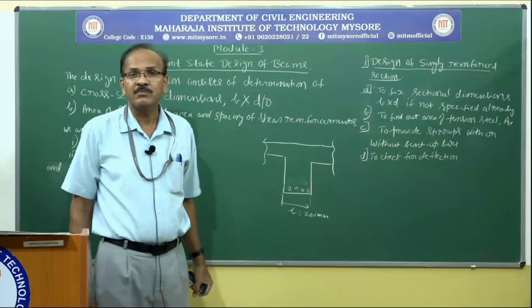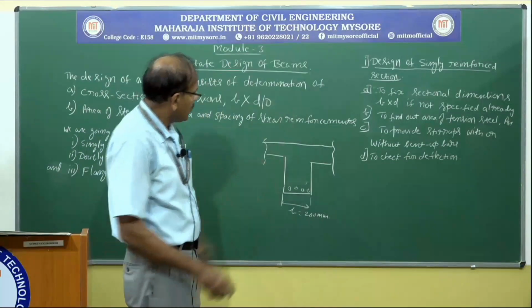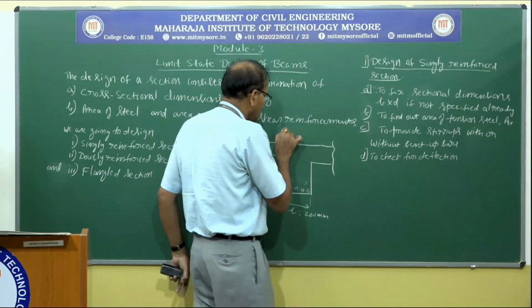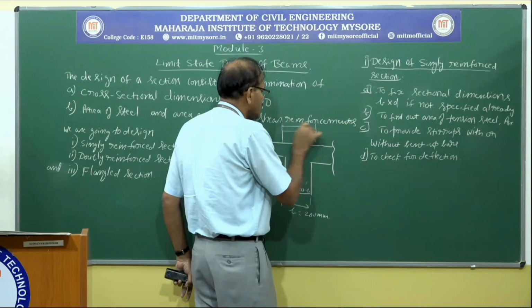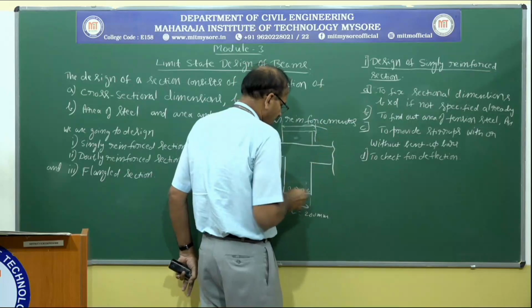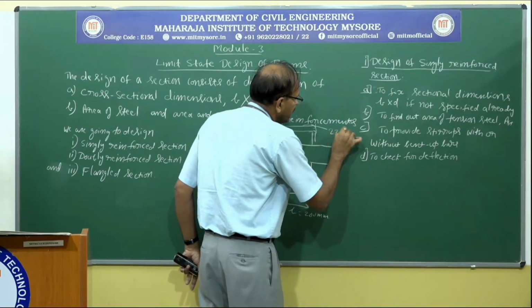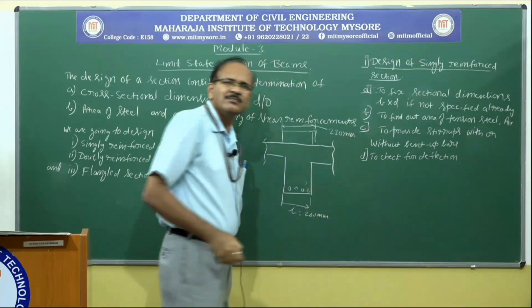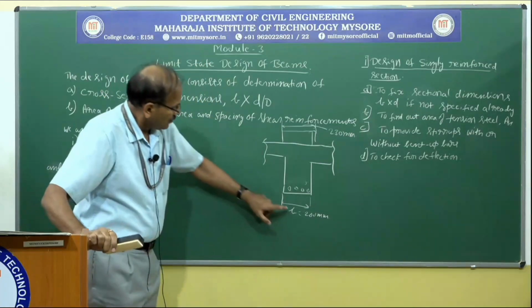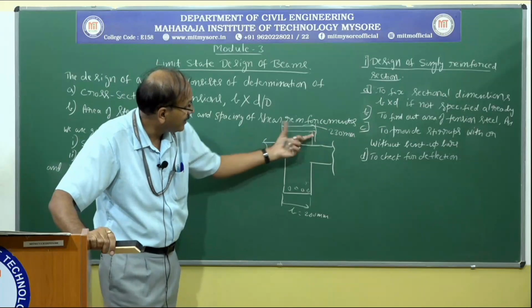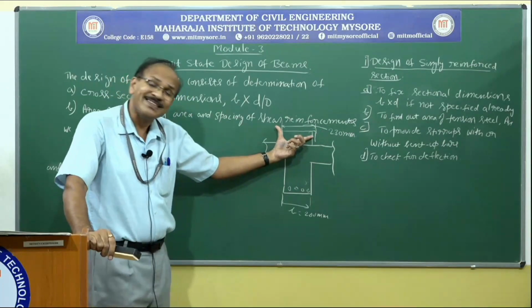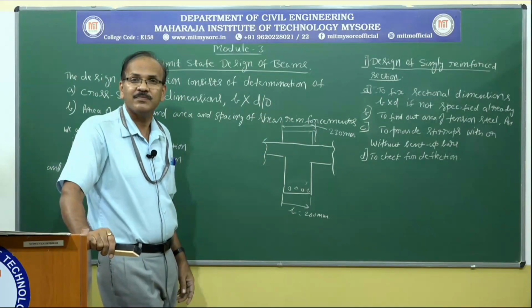Not only that, say for example, if B is 200 millimeter, I am just assuming the width of the beam, and over the beam you are constructing a brick wall, and the wall thickness is say 230 millimeter. So this is 200 millimeter, this is 230 millimeter, but this is not recommended.